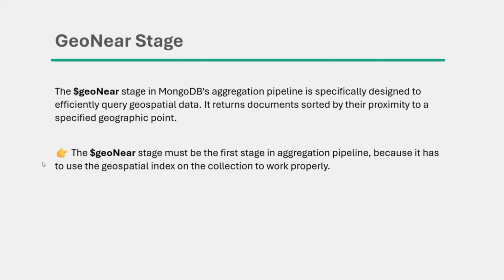And we have learned that only the first stage in an aggregation pipeline works on a collection. It is applied on a collection. Other stages use the result of the previous stage. So in order for this geoNear stage to work properly, it should always be the first stage in the aggregation pipeline so that it will be applied on the collection itself and it can utilize the geospatial index on that collection. With that, let's go to Mongo Shell and let's try to understand this geoNear stage with an example.